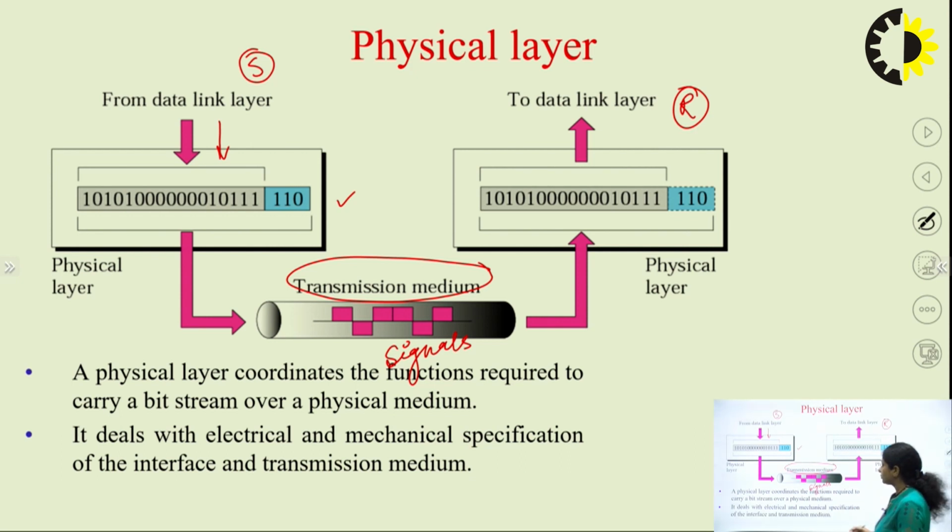So what does that mean? That means how many volts we will require to transmit a 1 bit, how many volts we may require to transmit a 0 bit. When we are talking about binary bits, data will be there in the form of either a 1 or a 0 bit, right.